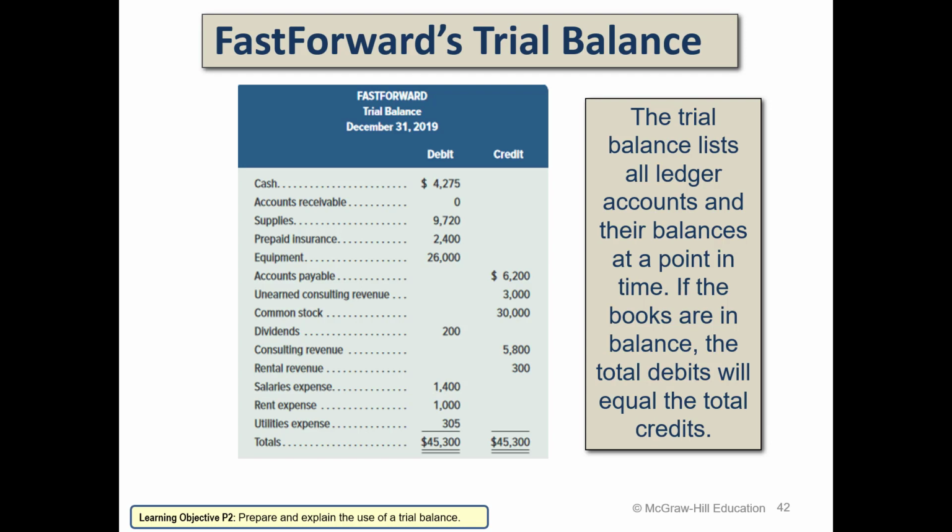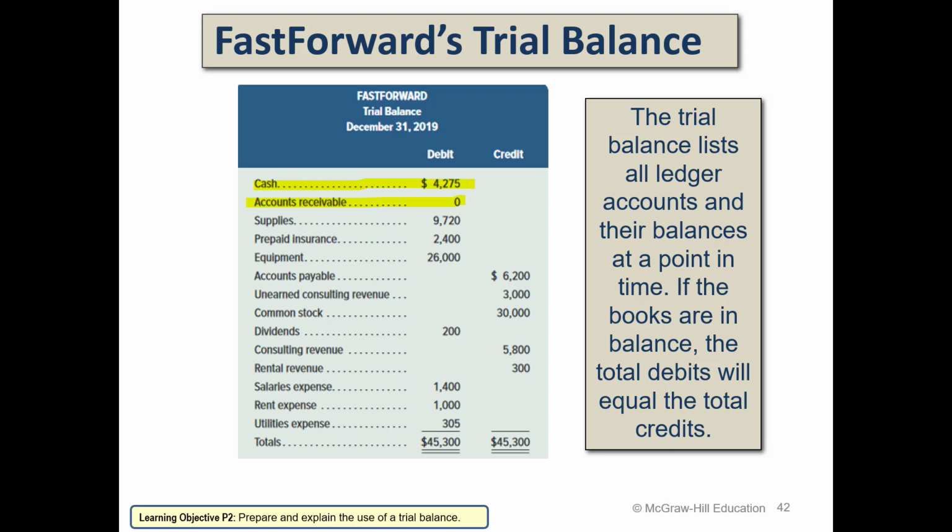So here's the trial balance for Fast Forward. So notice that every account will be listed in the trial balance under the normal balance side. So cash has an ending balance of $42.75. Accounts receivable did not have a balance, so we actually could have omitted that.